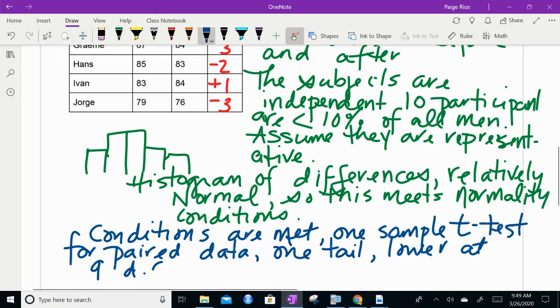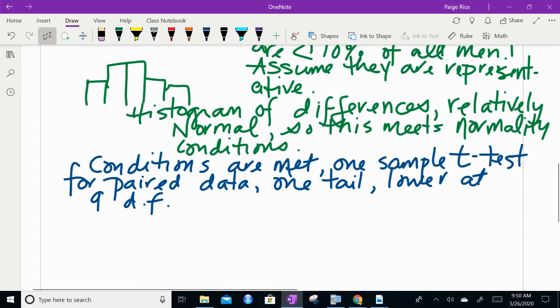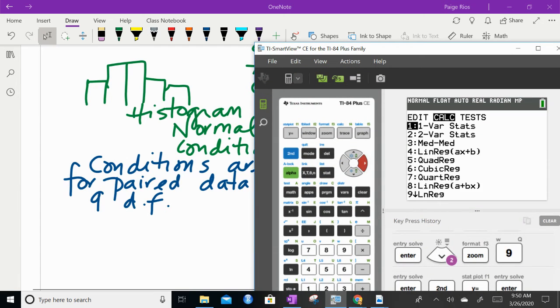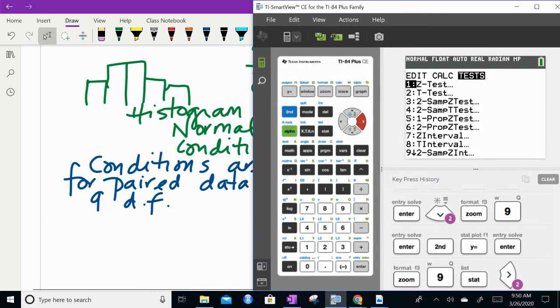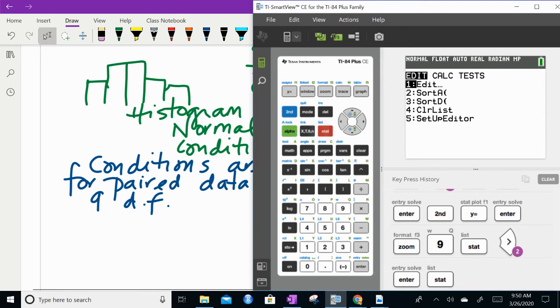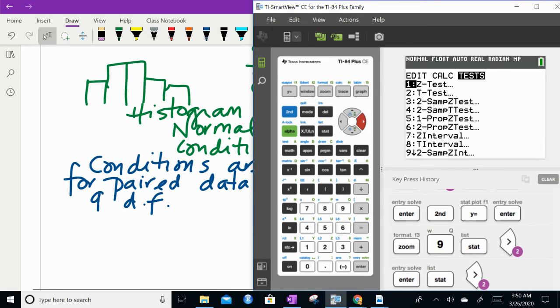Remember that's n minus 1. Once I've done that, I'll go back to my calculator, move over to stat test. Oops, I chose a z-test, so back over here, move over to stat test.